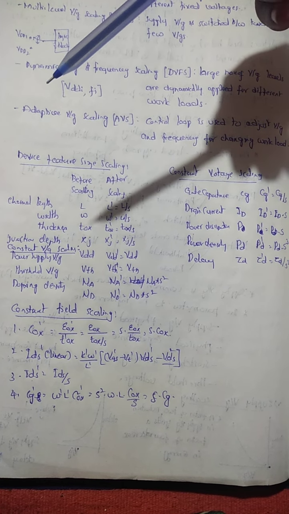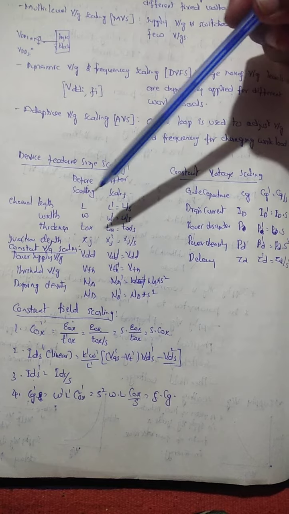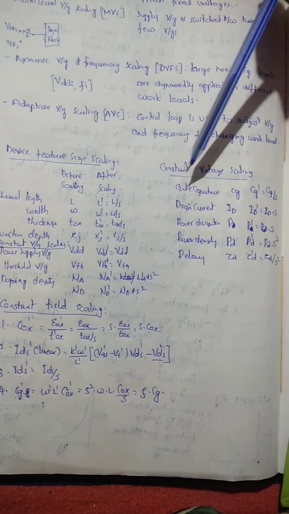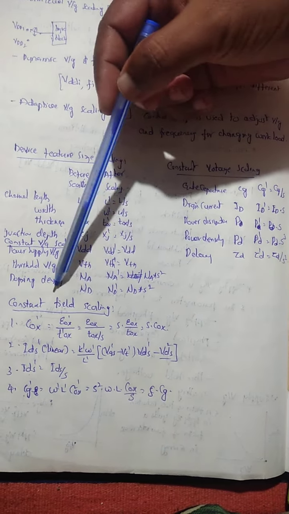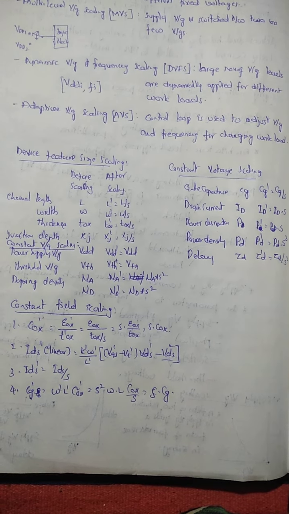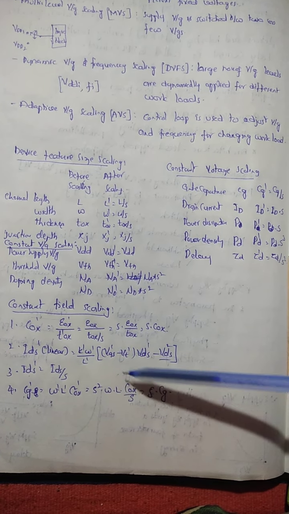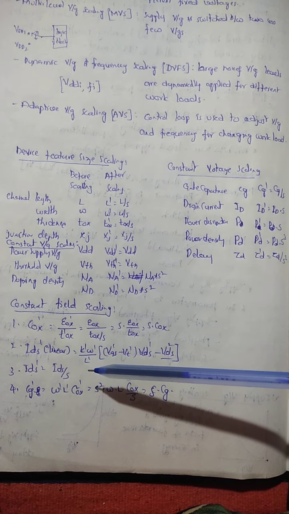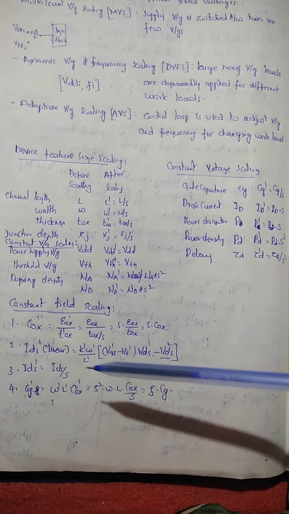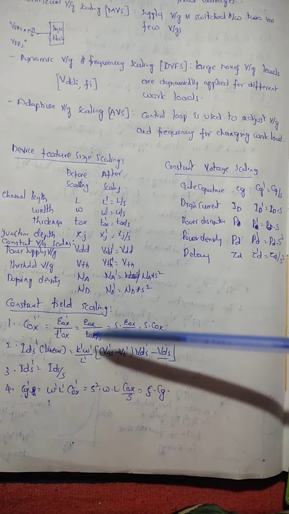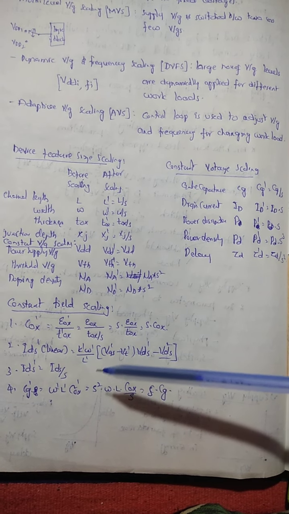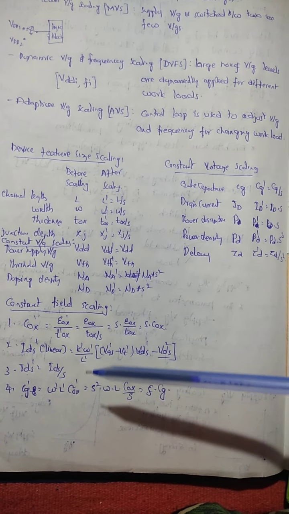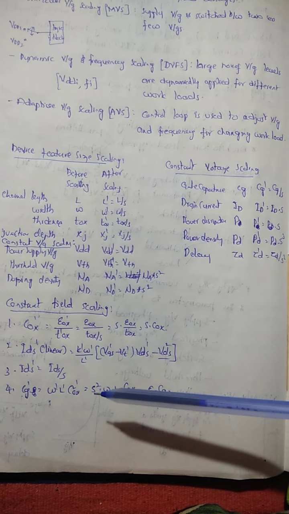Now we will see another one, constant voltage, constant field scaling. The basic idea is that we have to reduce the size, and when we reduce the size, the electric field should be maintained constant in the geometry of the device.